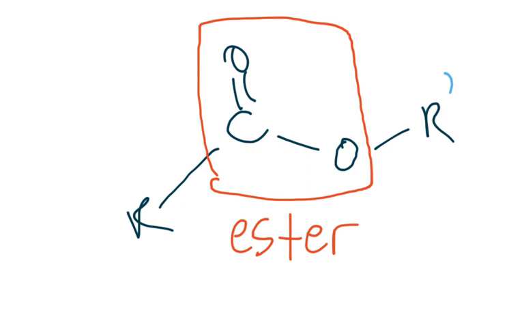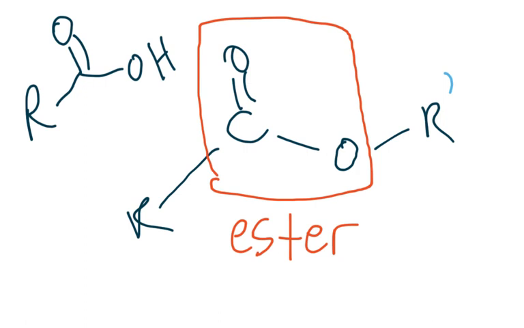So this kind of looks similar to a carboxylic acid group, right? Because a carboxylic acid functional group looks something like this, but you had an H here. So this oxygen in a carboxylic acid is bound to a hydrogen, but in an ester, this oxygen is bound to some carbon chain, R. Also, esters have a fruity smell.